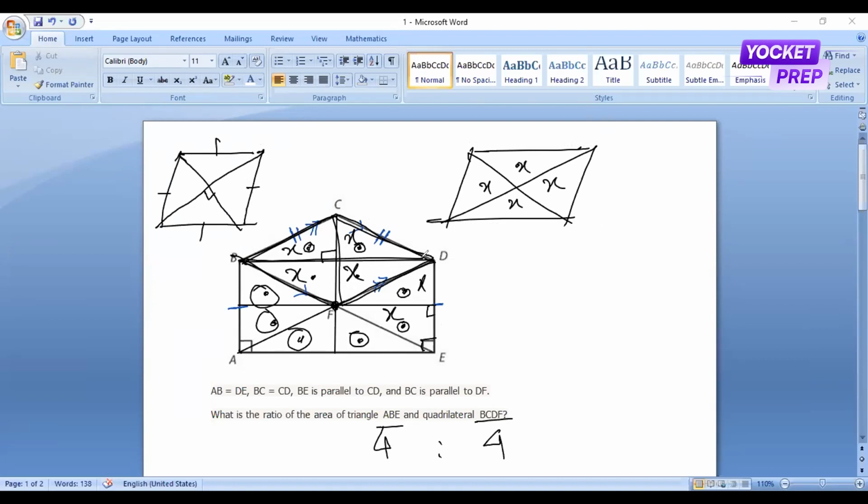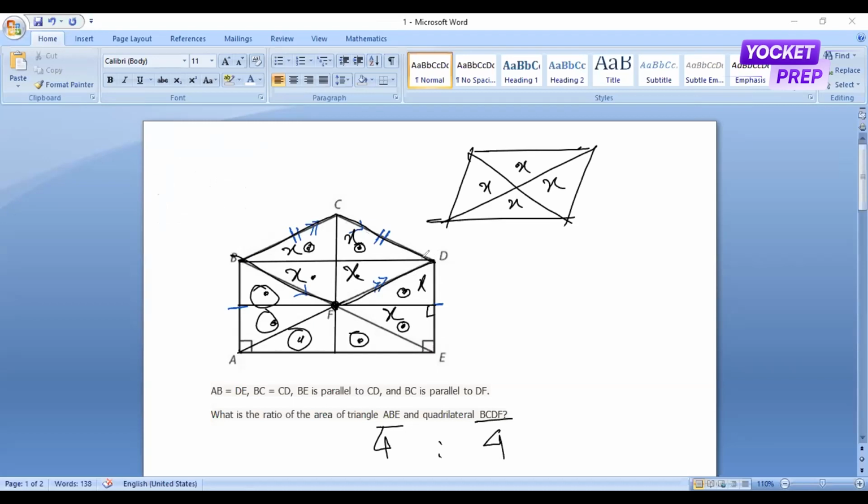Here, because these are given 90 degrees, this and this will also become 90 degrees. So this actually ends up becoming a rhombus. That means all of these dimensions are equal. And again, these will end up becoming equal. So all of these will end up becoming equilateral triangles.